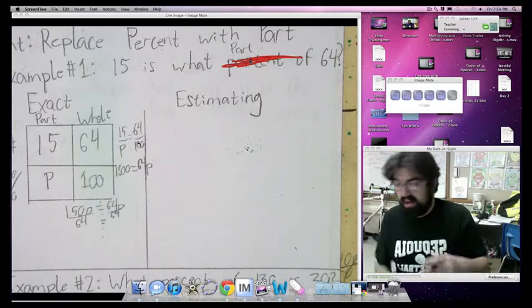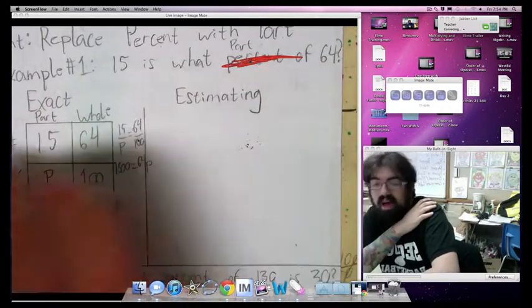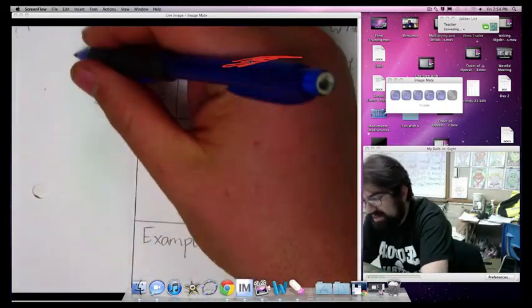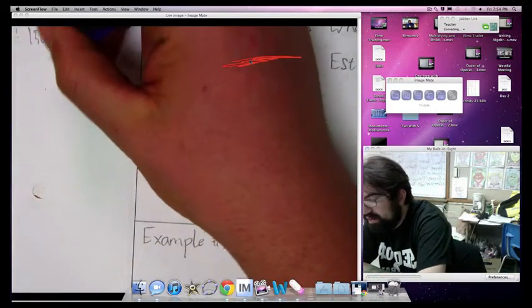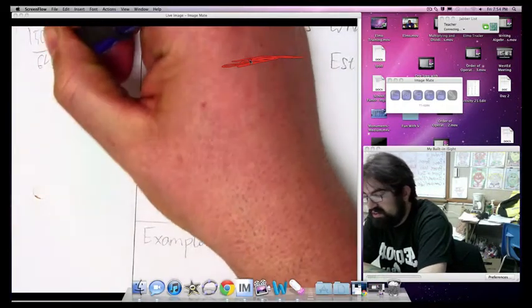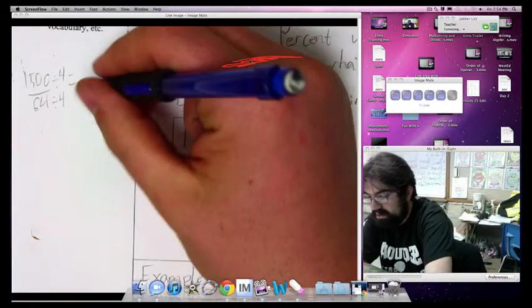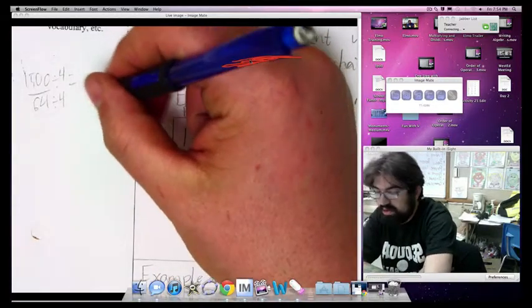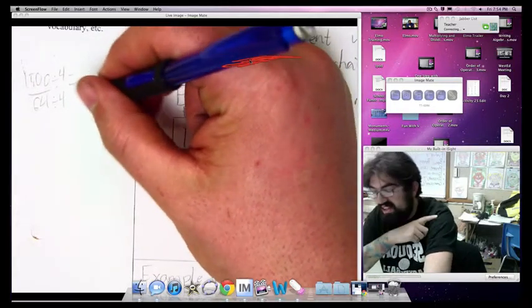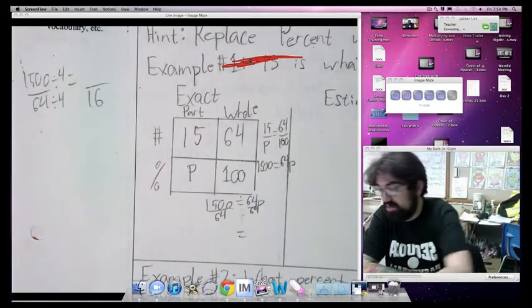So now we've got to divide. I'm going to move that equal sign a little further down. I'm going to do my scratch work on the side, because doing it over here is going to be sloppy. I know I can definitely divide this by, I'm going to go gutsy, 4. 64 divided by 4 is 16. You don't believe me? Do the long division, please.